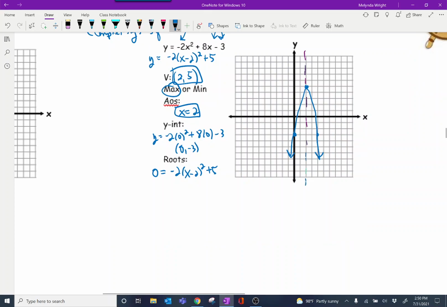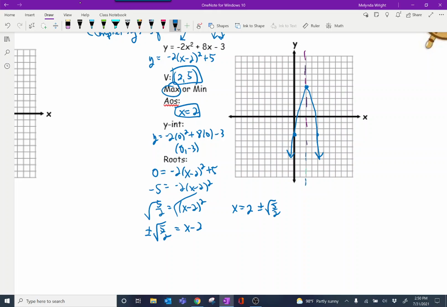So I would subtract 5 from both sides, divide by -2, and then I would square root both sides. So x minus 2 is plus or minus the square root of 5/2. So x would equal, I'm going to move the 2 over, 2 plus or minus the square root of 5/2.